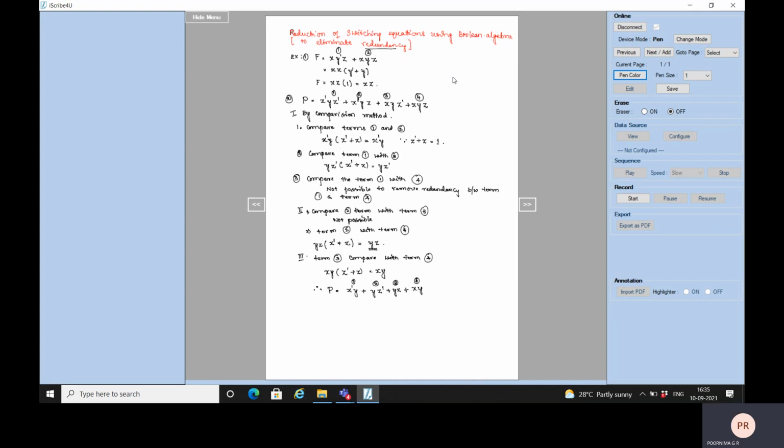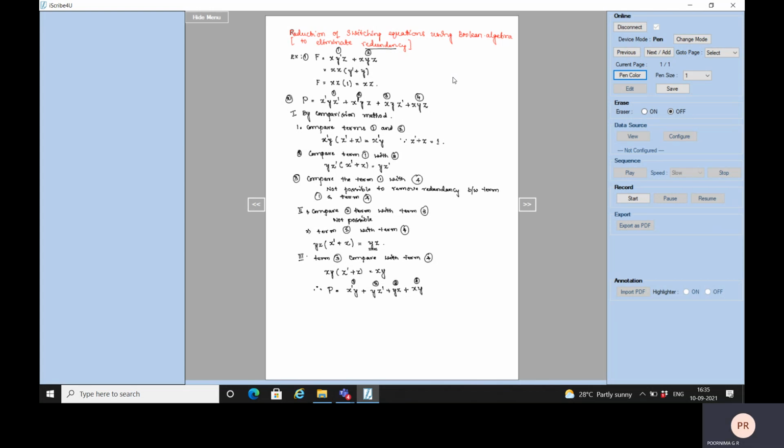While applying the comparison method, please do remember that between any two subsequent terms, when the redundancy is getting removed, only one variable should differ.